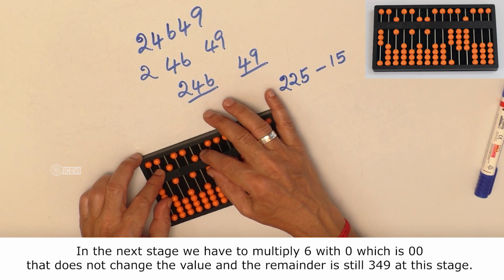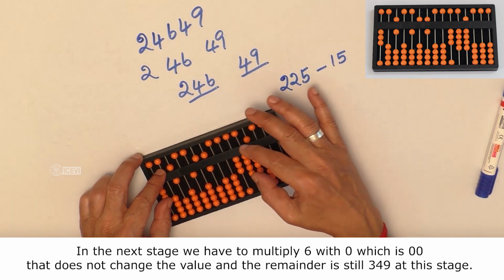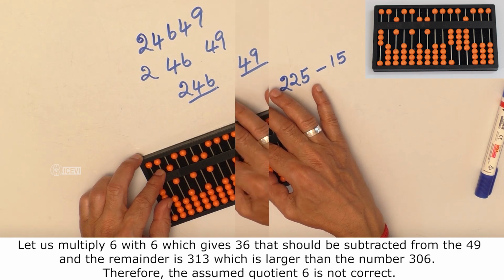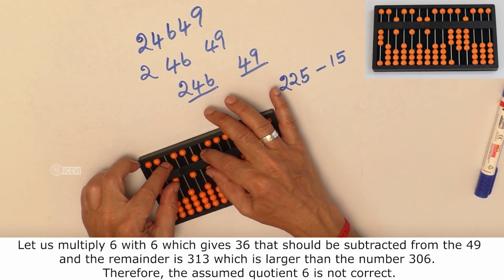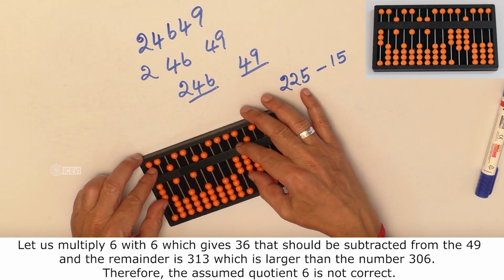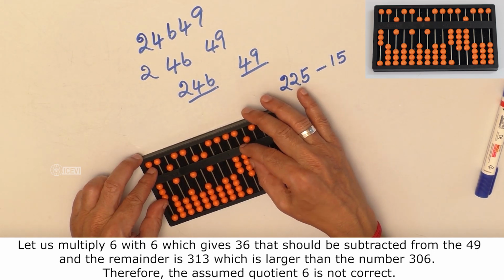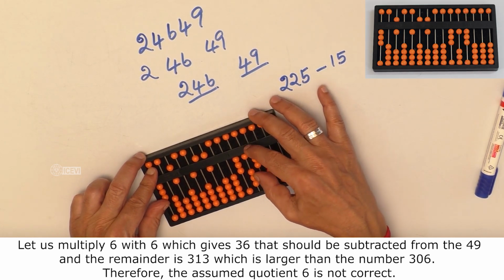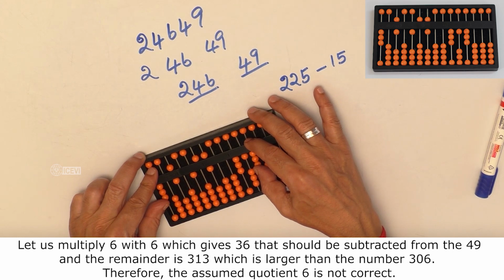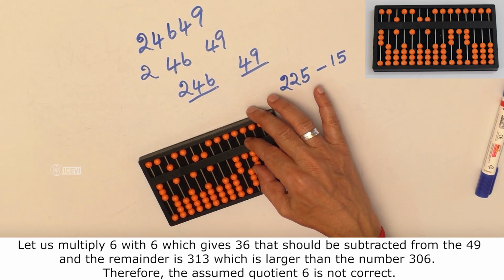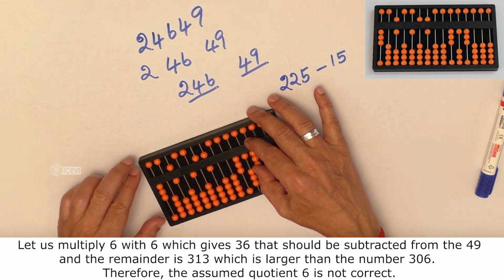That does not change the value, and the remainder is still 349 at this stage. Let us multiply 6 with 6, which gives 36. That should be subtracted from 49, and the remainder is 313, which is larger than the number 306. Therefore, the assumed quotient 6 is not correct.